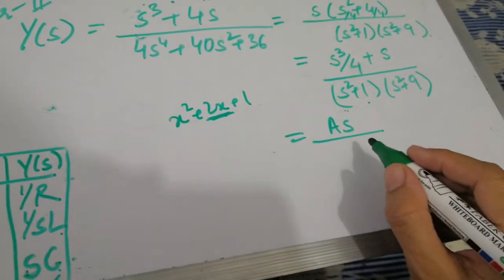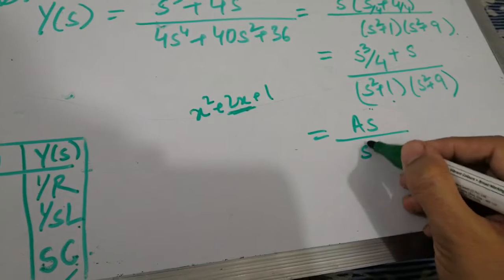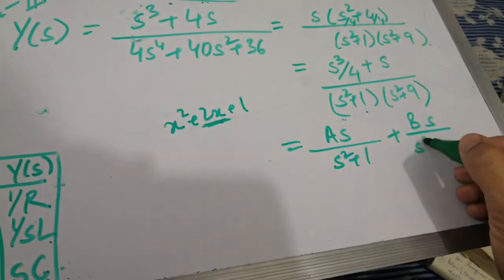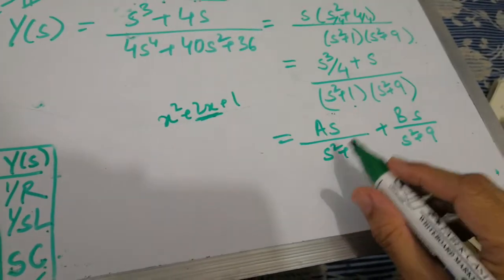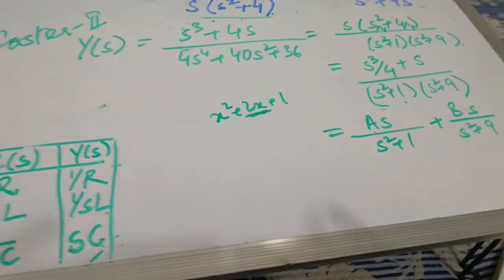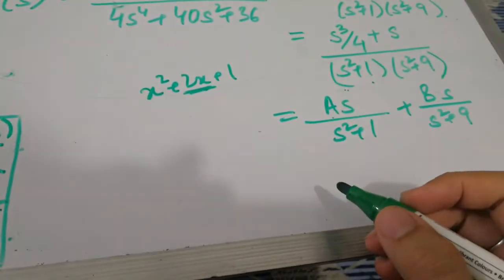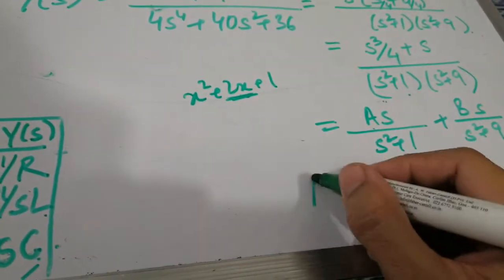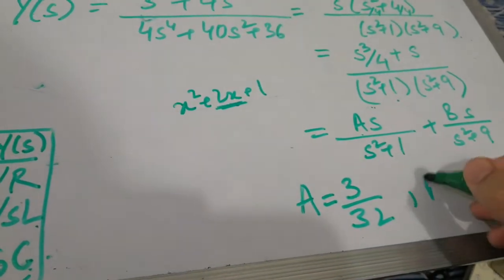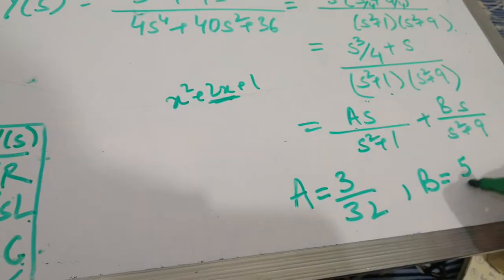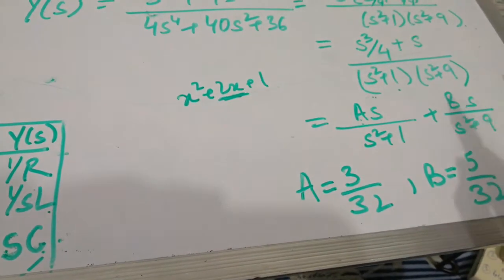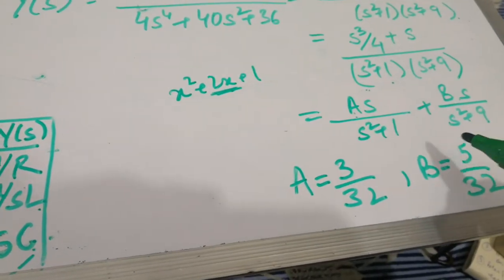So I'm only going to write it as as upon s square plus 1 and bs upon s square plus 9. So you have to find the values of a and b. Now when we go for the partial fractions, I'm going to get a as 3 by 32 and b as 5 by 32. So I'm going to replace these two terms with 3 by 32 and 5 by 32.